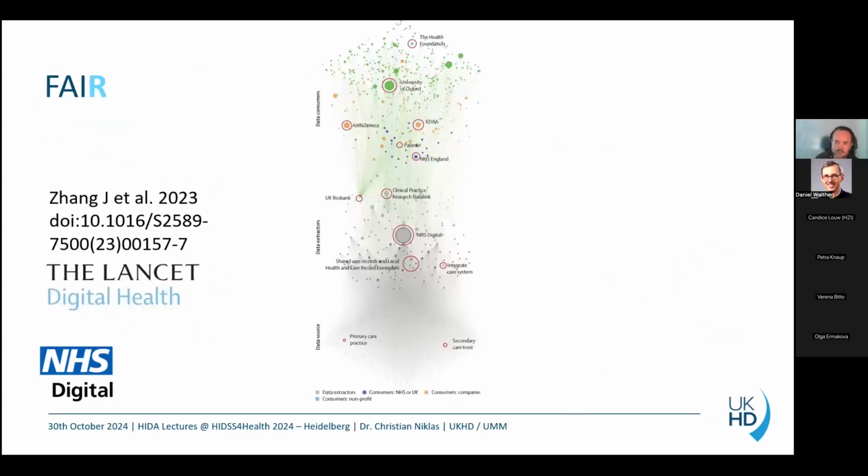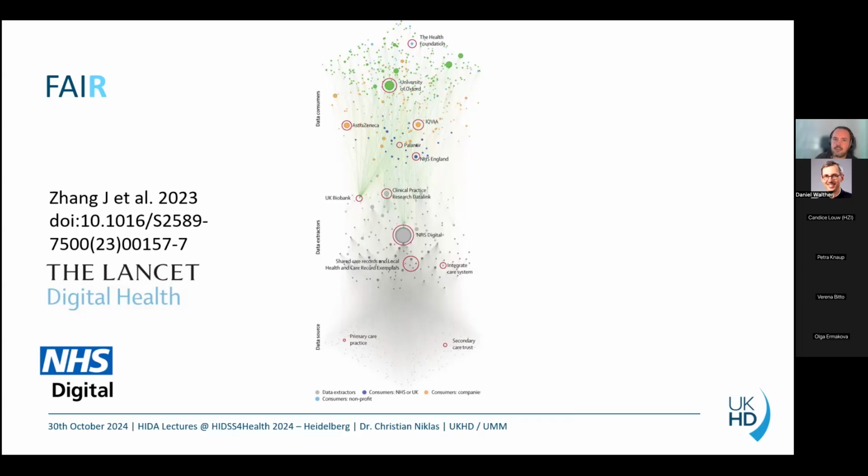So if you managed to actually store your data in a fairly interoperable way, it's findable, it's accessible, you can reuse it. So this was shown last year by a group from NHS Digital, published in Lancet Digital Health. And I've just pulled the point cloud from that publication.